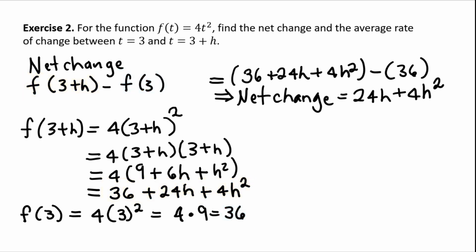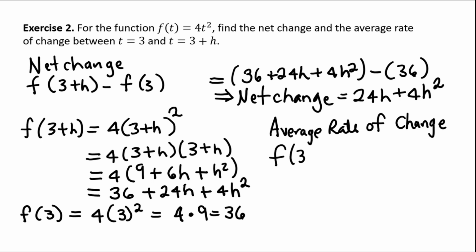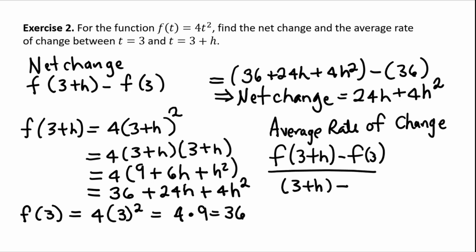Now we are going to look for the average rate of change, and we know that the average rate of change is given by f of 3 plus h minus f of 3 divided by 3 plus h minus, what is that? 3 plus h minus 3.